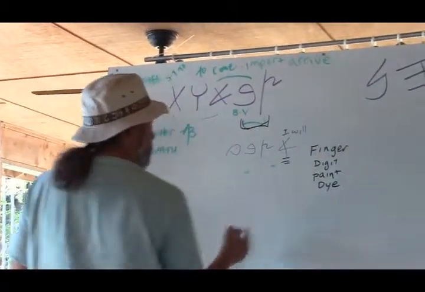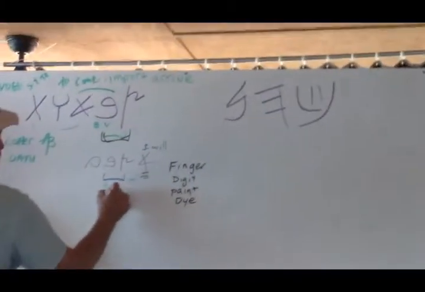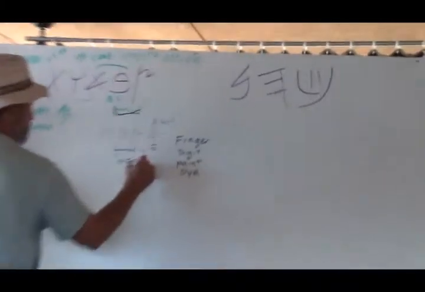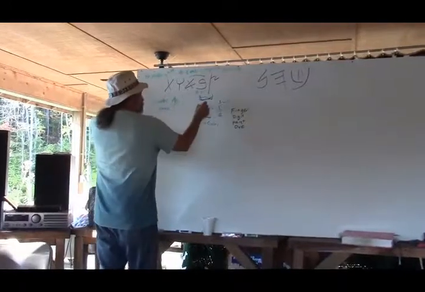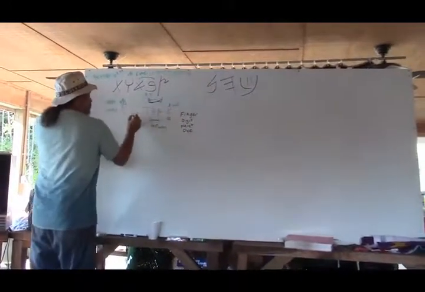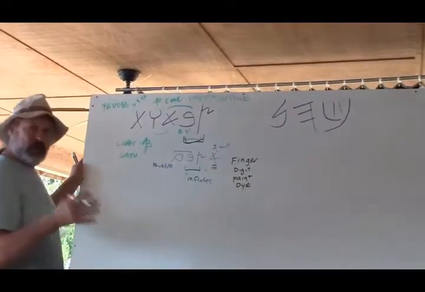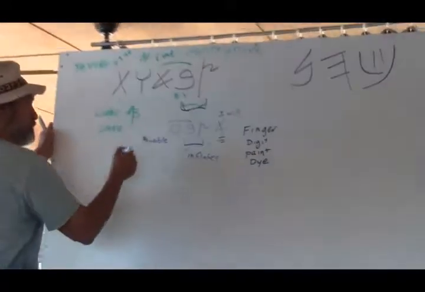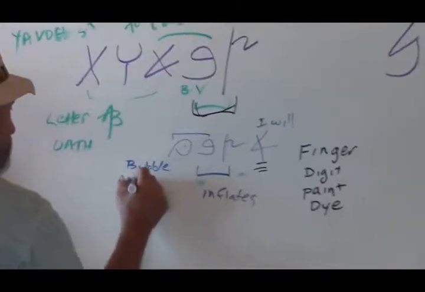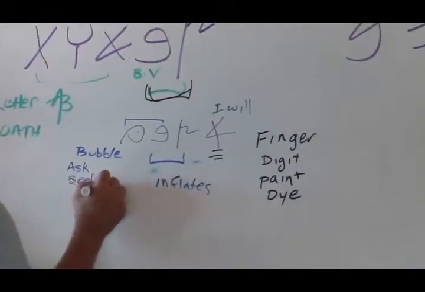But as you'll see, this is a prefix meaning basically I will, and you can break this Zadi Bet down to say, well, that which inflates. And then you could look at Bet Ayin, and that's the word actually to bubble something up to the surface, and then it's also the word to ask, seek, or quest.